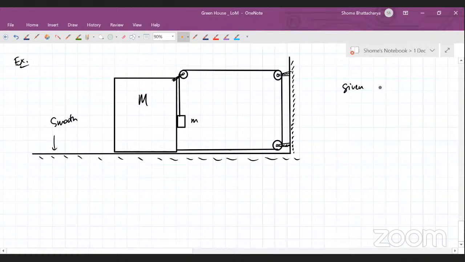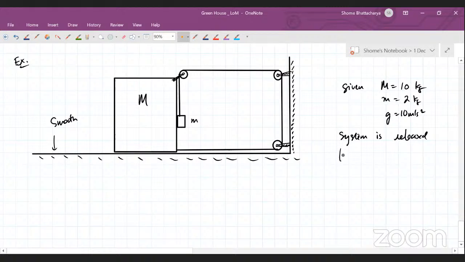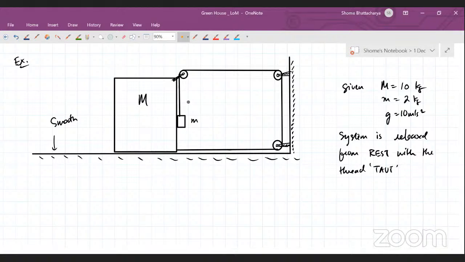So given that the mass of this larger block is 10 kilograms and the small block is 2 kilograms and g is equal to 10 meters per second square, this system is released from rest with the thread taut, and all the surfaces are smooth, so even this surface is a smooth surface. So find the acceleration of each of the blocks.